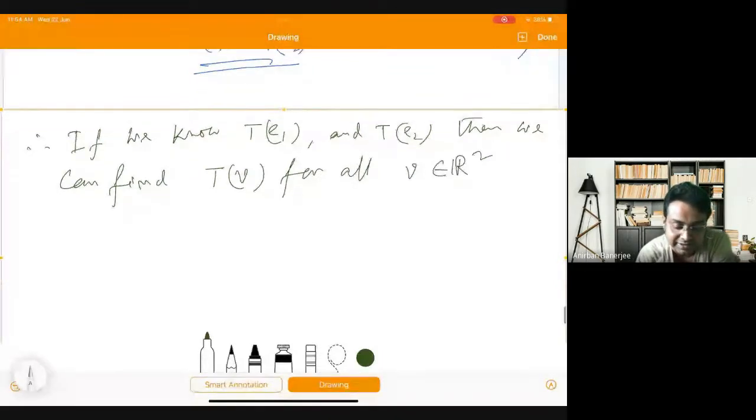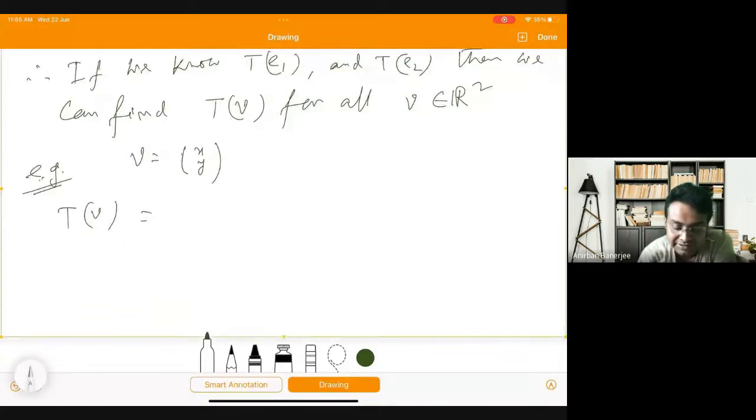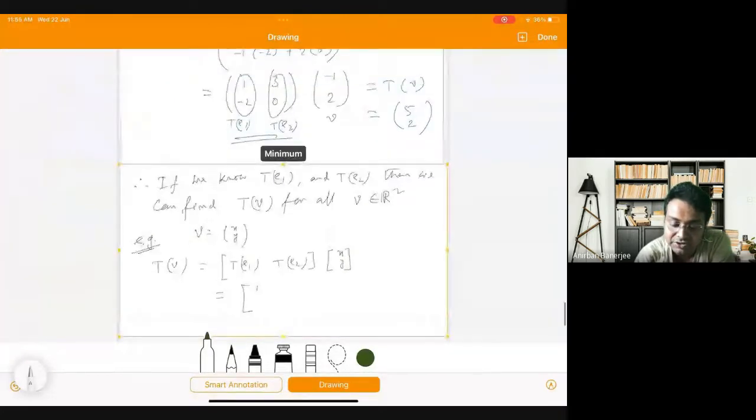So just to give you an example. Let's say we represent a vector as X and Y, and we want to figure out TV. So what do we have to do? We have to take the matrix where the first column will be TE1, the second column will be TE2, and then multiply with X and Y. The matrix is what we know here, 1 comma minus 2 and 3 comma 0.